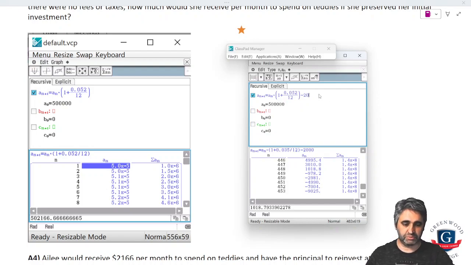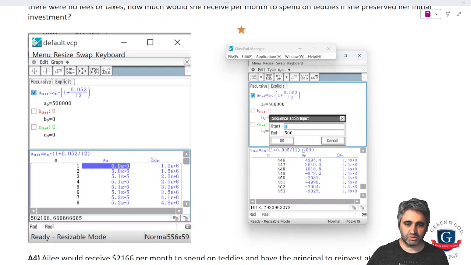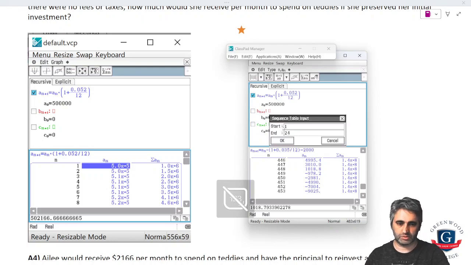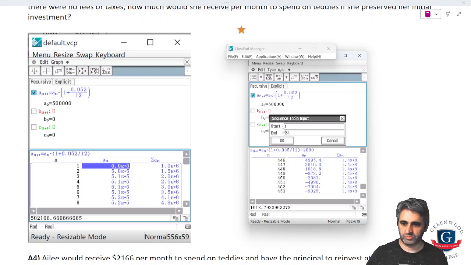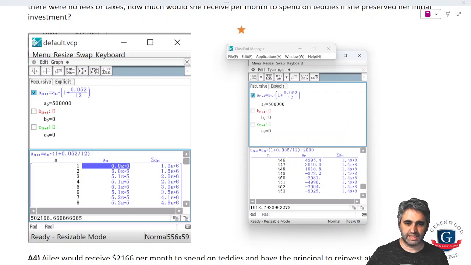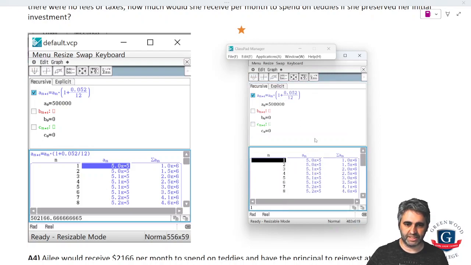We don't take any money out. We're having $500,000. We're just going to look from 0 to 12. Oh no, 0 to 24, isn't it? And then hit that.